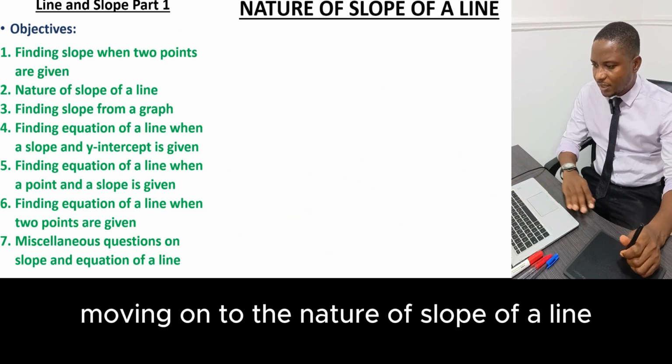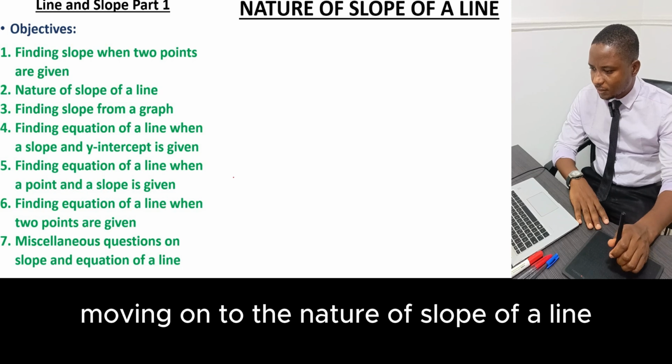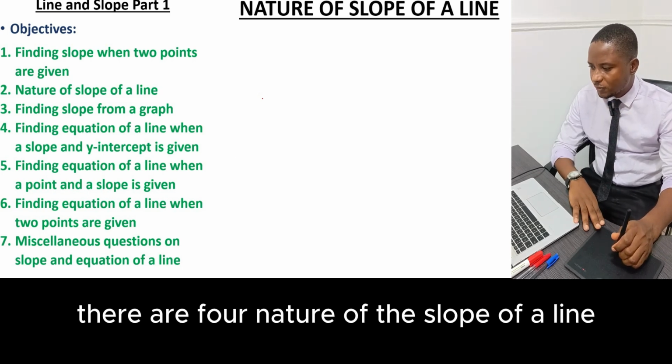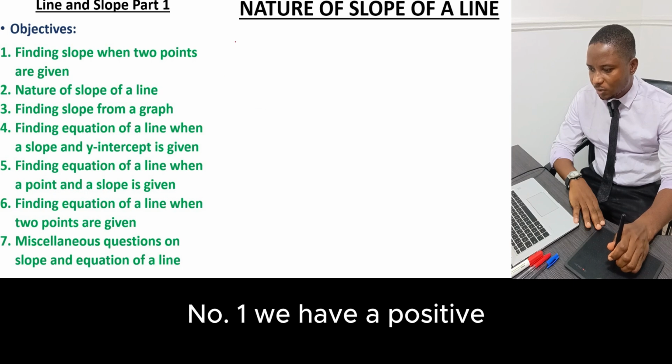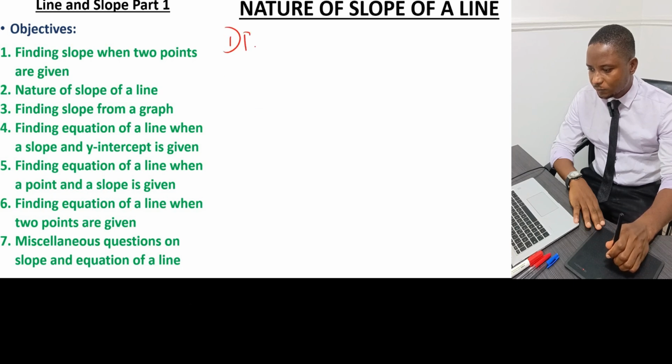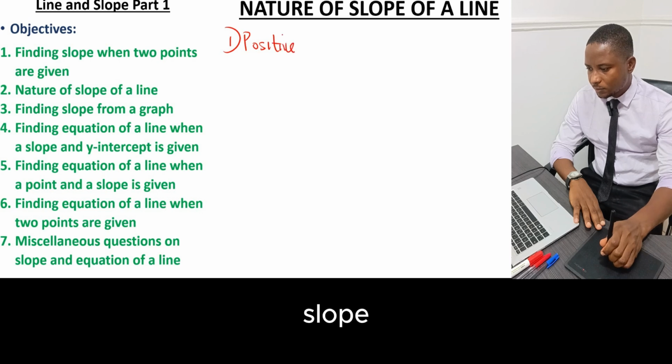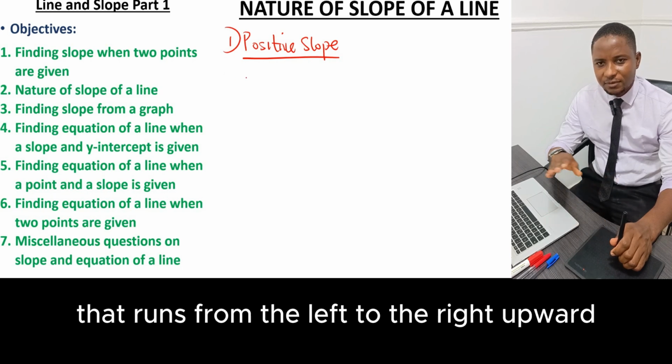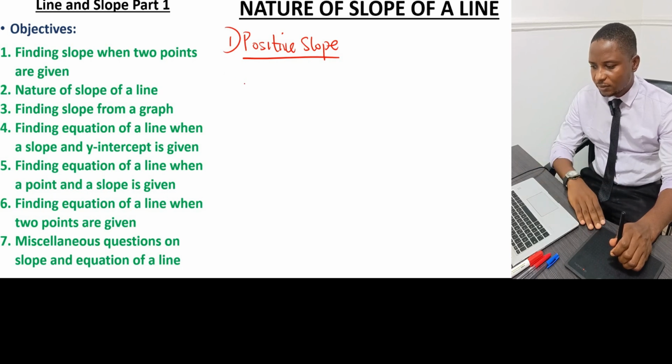Moving on to the nature of slope of a line. There are 4 natures of the slope of a line. Number 1, we have a positive slope. What is positive slope? Positive slope is a line that runs from the left to the right upward.